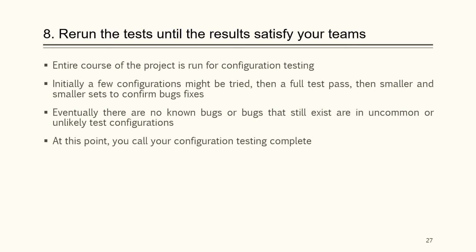Actually, in the start of testing, you have to execute all the test cases, but in the next phase, you only do confirmation testing just to check whether the bugs are fixed or not. So the testing effort reduces gradually. Eventually, there are no known bugs, or the bugs that still exist are in uncommon or unlikely test configurations. At this point, you can call your configuration testing complete.